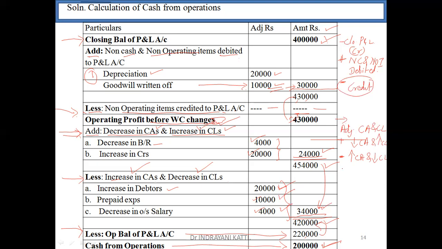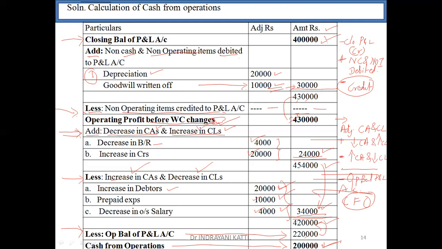In that, finally, we need to deduct the opening balance of profit and loss account. That's it. We derive finally cash from operations. Okay. So this is a simplified format of the cash from operations calculation.